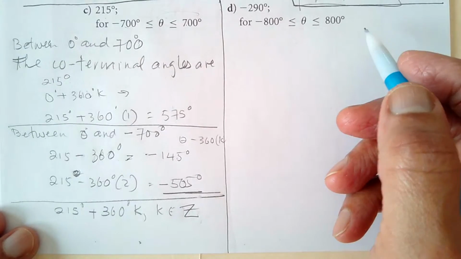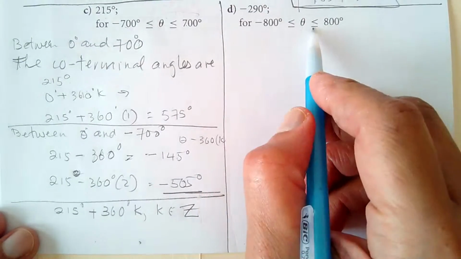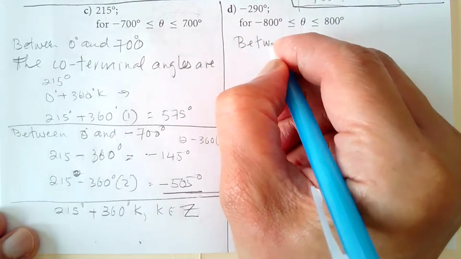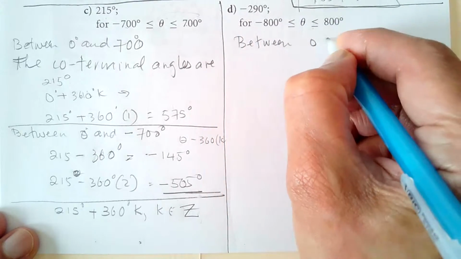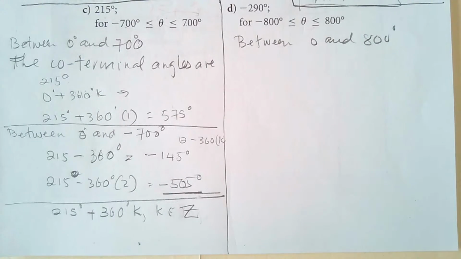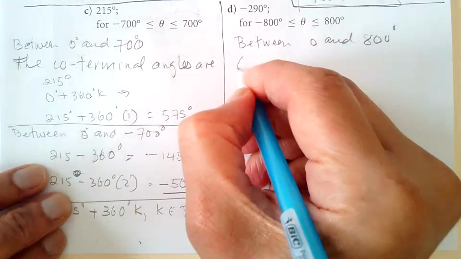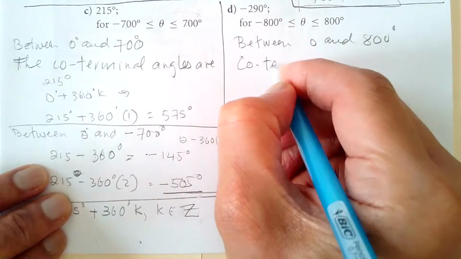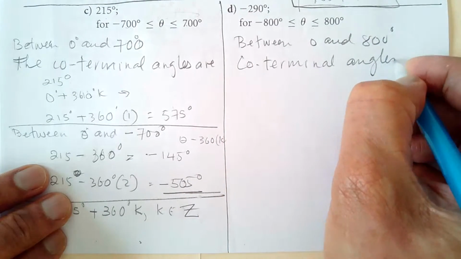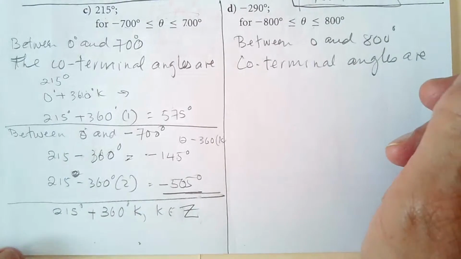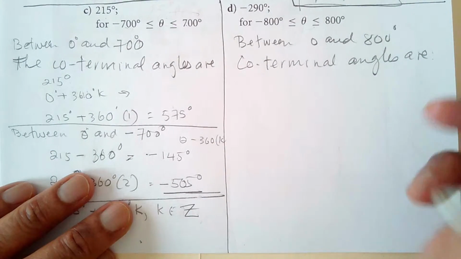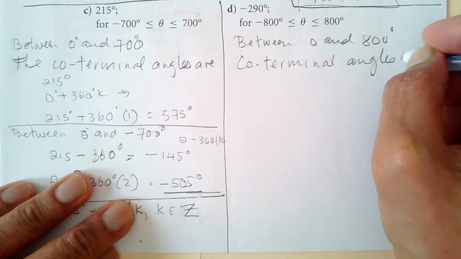Final question in this section: between 0 and 800 degrees. So the coterminal angles are, okay, let's see how many we have.